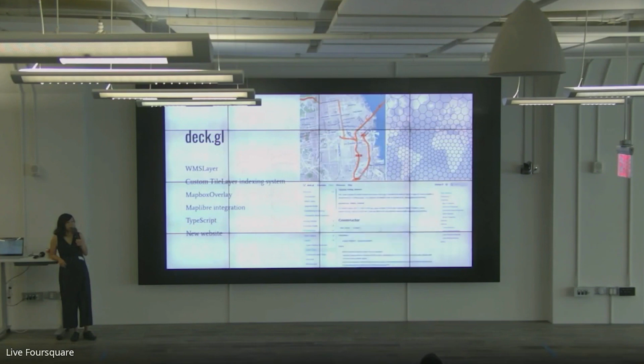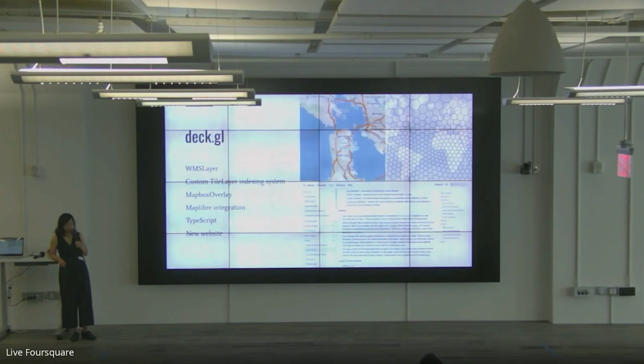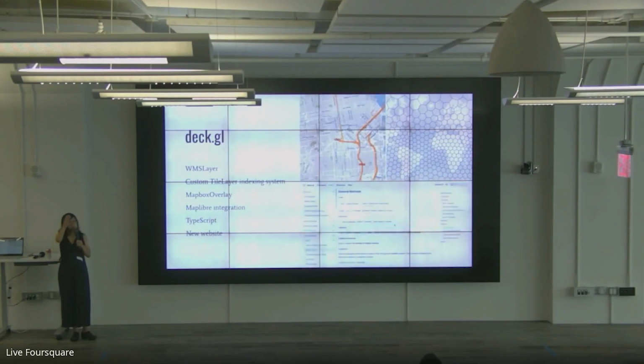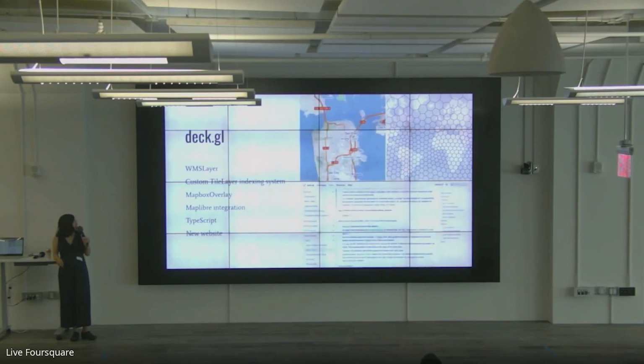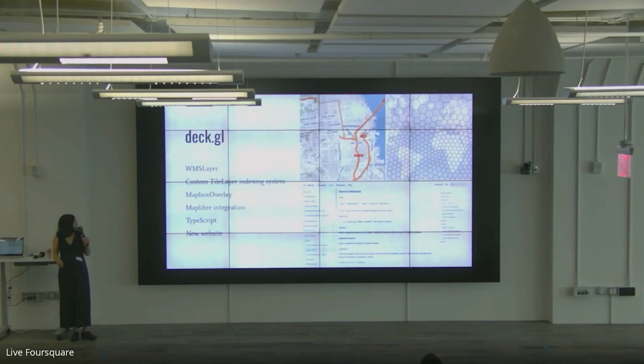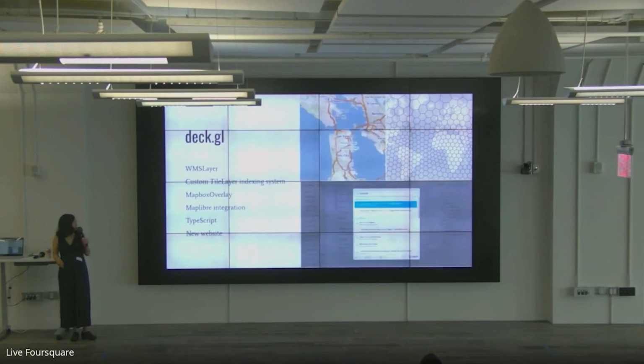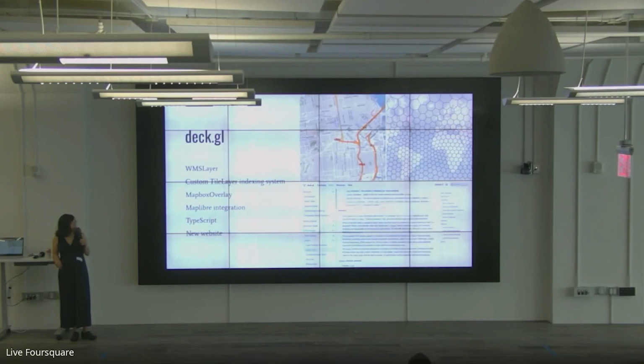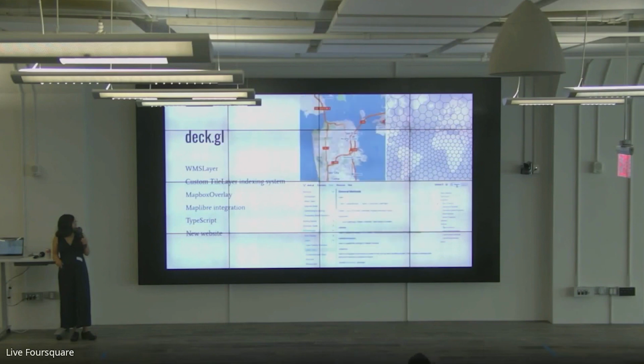The build tools have been switched from Webpack 4 to ESBuild. Our examples are now using Vite. And we're using a new website system based on Docusaurus. It has much better visual navigation and search capabilities.